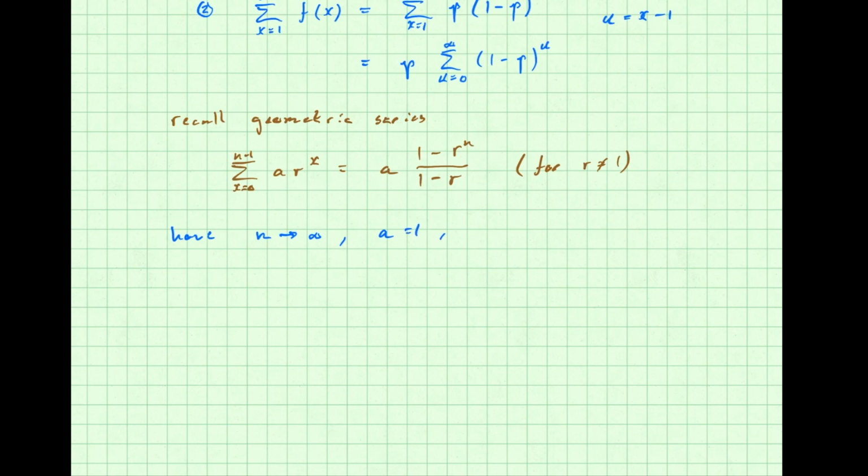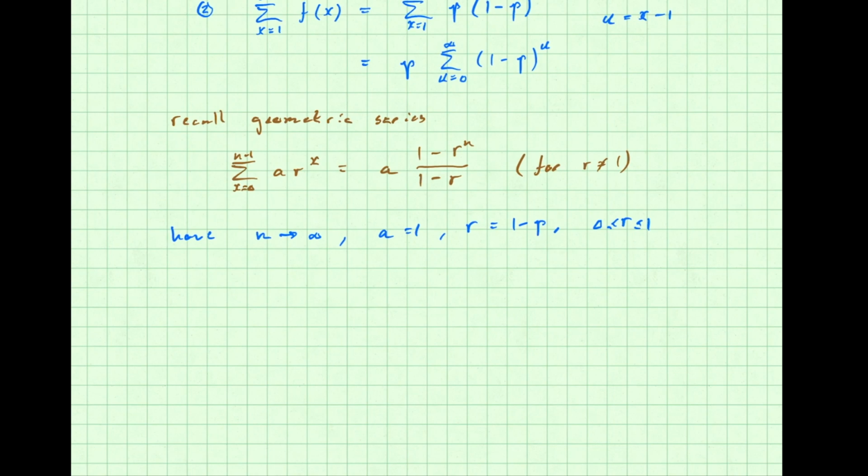And then what else do we have? We have r. Well, that's 1 minus p. And notice that r is then bracketed by 0 and 1, right? Because p has limiting values of 0 and 1. Yeah, and so those are our different parameter values for the geometric series.